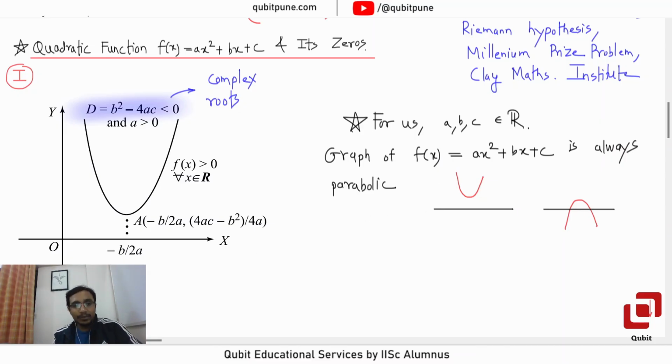Now this condition, a greater than 0, what does that mean? A greater than 0 means the graph is always above the x-axis. Now, can you tell me how you can prove that when a is greater than 0, the graph is always above the x-axis?